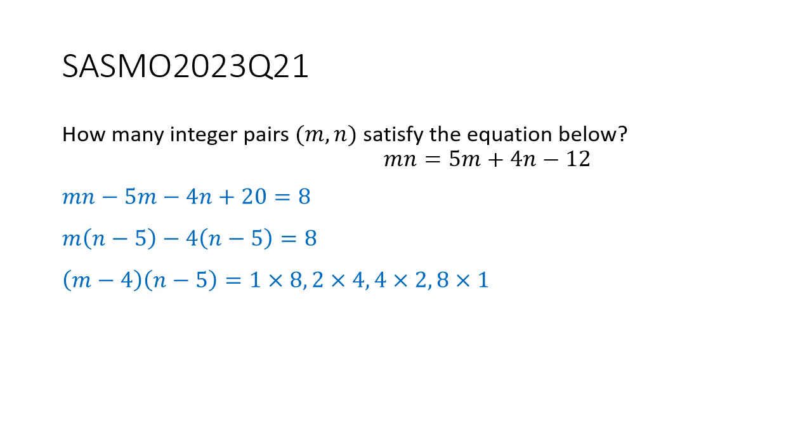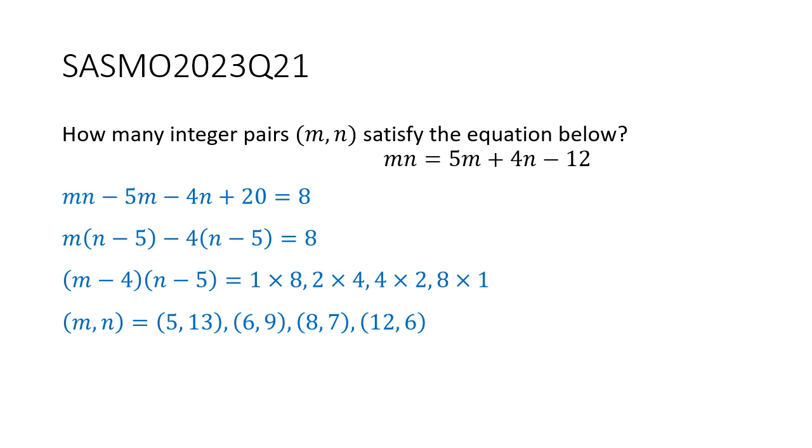Either m minus 4 equals 1 and n minus 5 equals 8, or m minus 4 equals 2, n minus 5 equals 4, and so on. So working out each pair, I get some possible values of m and n. So either m is 5, n is 13, or m is 6, n is 9. So each of these will give me one possible integer solution for this equation. So it looks like we have 4 possible integer pairs.